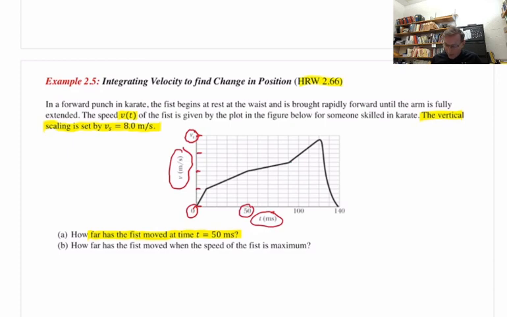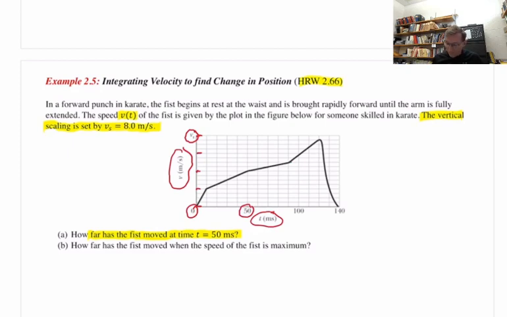But then there are 1, 2, 3, 4 minor tick marks between 2 major tick marks. And if the distance between 2 major tick marks is 2 meters per second, then the distance between each minor tick mark, which is the grid spacing on the vertical axis, must be 0.5 meters per second.